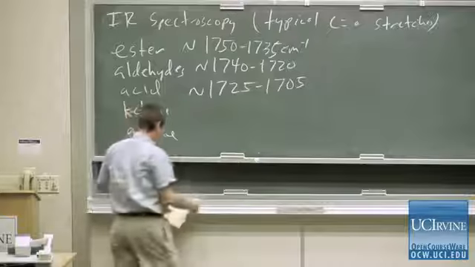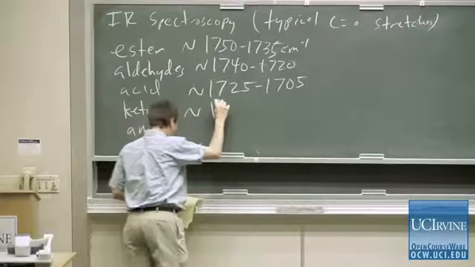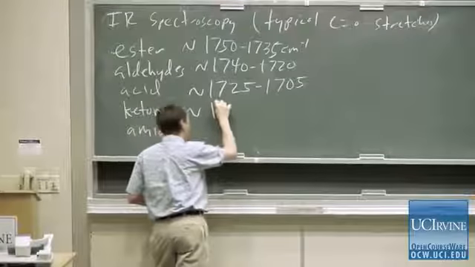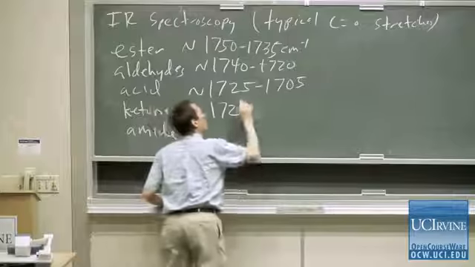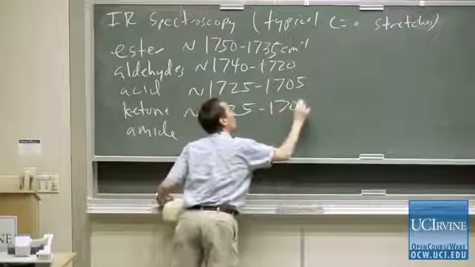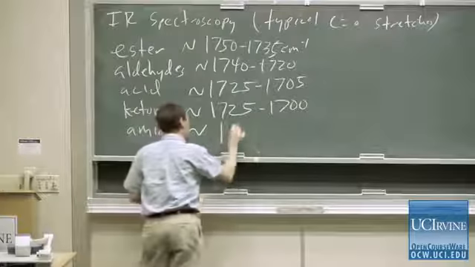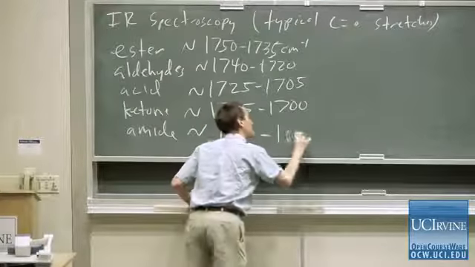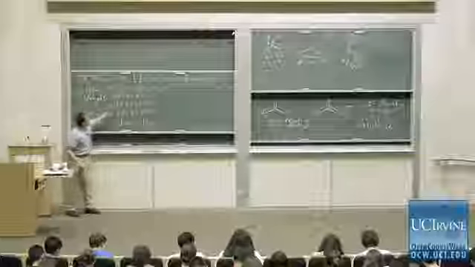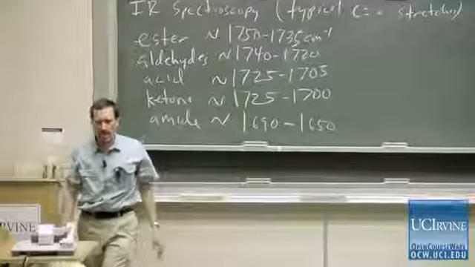A typical ketone is about 1725 to 1700. And a typical amide is about 1690 to 1650. So outside of amides, all of these sort of end up in overlapping ranges.